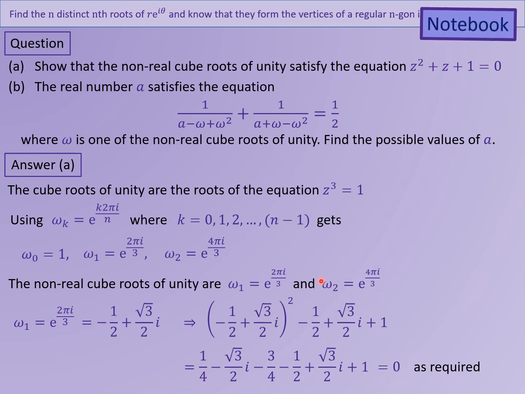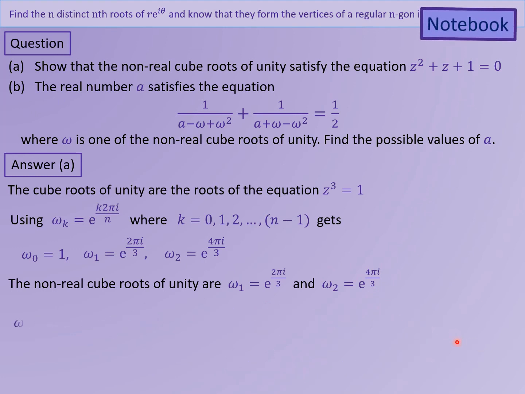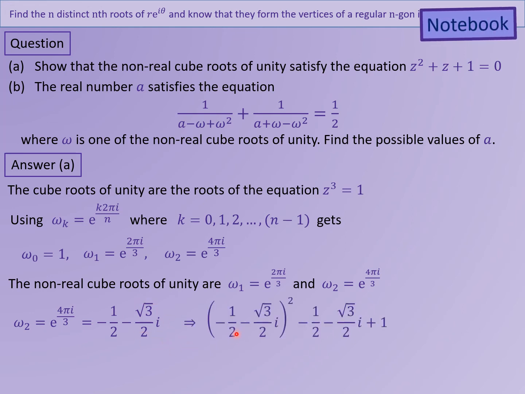What about the other non-real root? That's 4 pi over 3. So I'll do the same bit of work again. I write it as a complex number. It's no different. In fact, it's interesting to notice it's the complex conjugate of it, like we discussed before. So because it's a complex conjugate, it should really be the same answer. But let's just confirm it. So I've got that squared. Notice there's a minus here rather than a plus before, but that doesn't matter because you get the plus in this bit now.